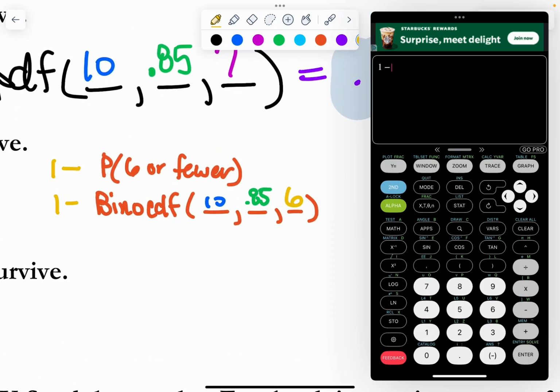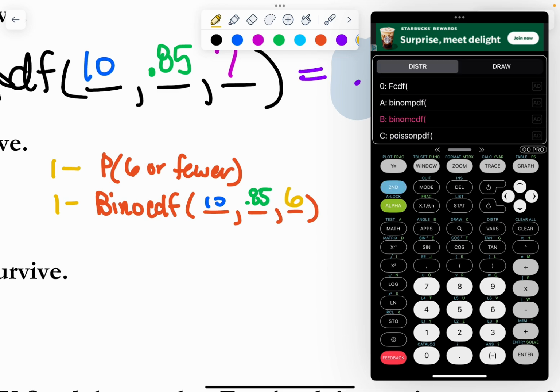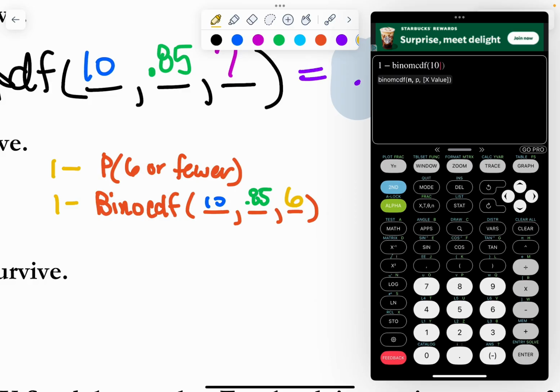We're going to do 1 minus, second vars, and you're going to scroll down this time to binom CDF, and we're going to type in 10 trees, probability of 0.85 surviving, and we want to know the probability of 6 or fewer. So if you want 6 or fewer, use binom CDF, and then 1 minus that probability.